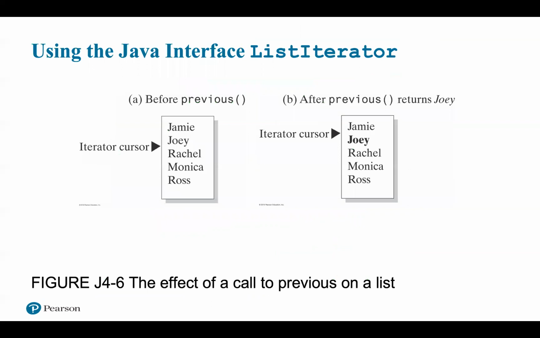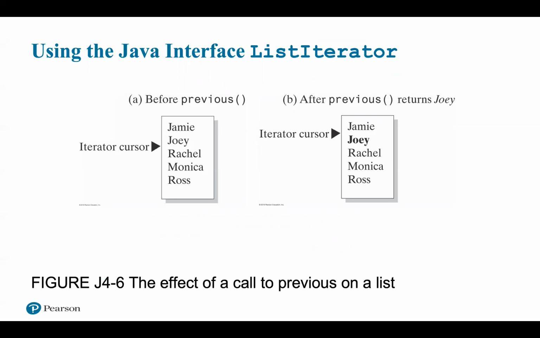So let's talk about the previous entry. ListIterator also provides access to the entry just before the iterator's position, that is, the previous entry. The method hasPrevious sees whether a previous entry exists. If so, the method previous returns a reference to it and moves the iterator's cursor back by one position.